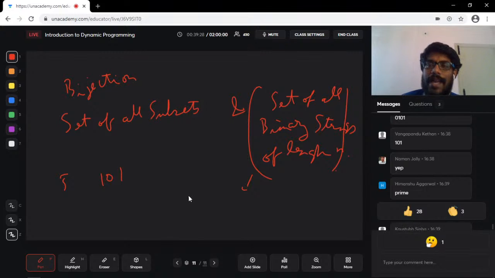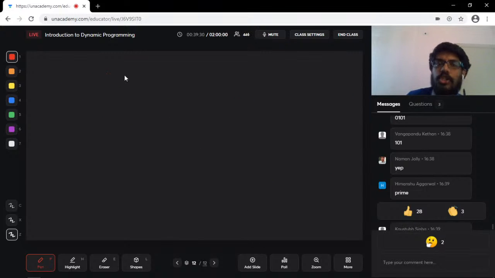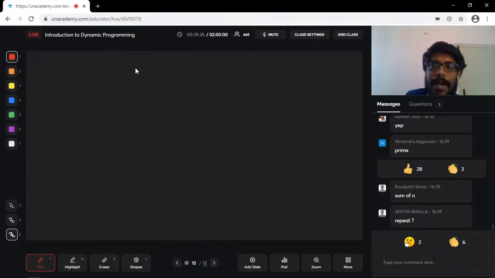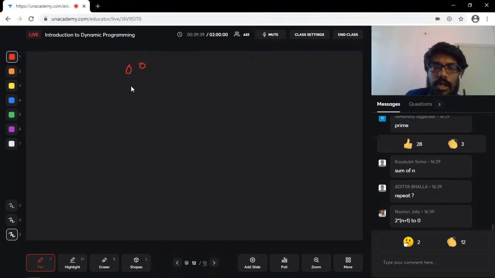Let's take n to be small. Let's take n is 2. In which case, what is the set? The set of all binary strings of length 2 are 0 0, 1 1, 1 0, 0 1, right?